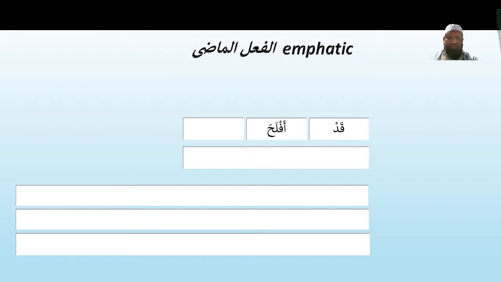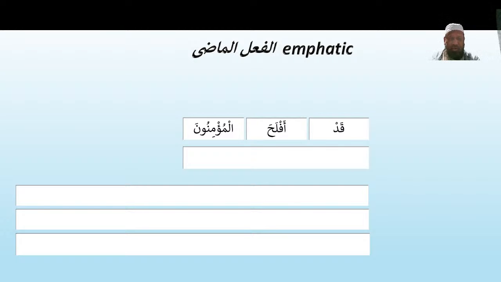The صيغة is صيغة مفرد, the مفرد form of it. So whenever it is مفرد form of it, the fa'il can come as اسم ظاهر, a noun, a fa'il. If there is no noun, a fa'il, then we have to make the الضمير, the مستتر, the fa'il, which is تقديره هو. Let's see.